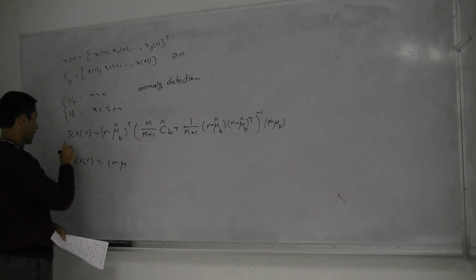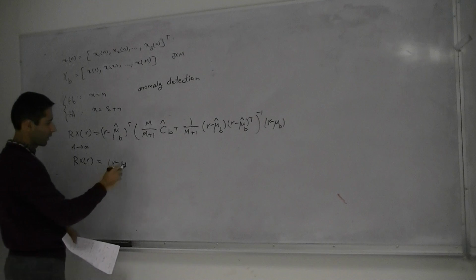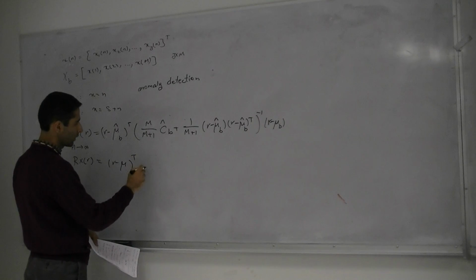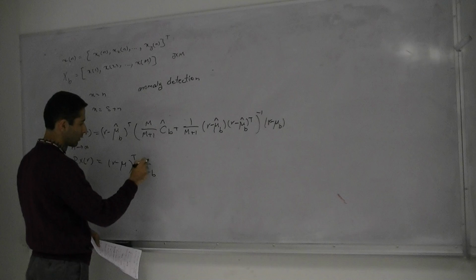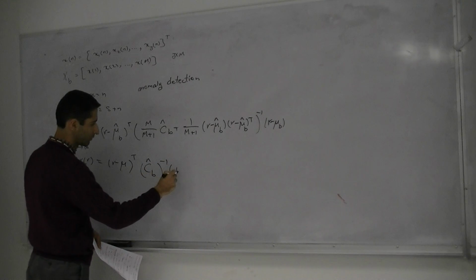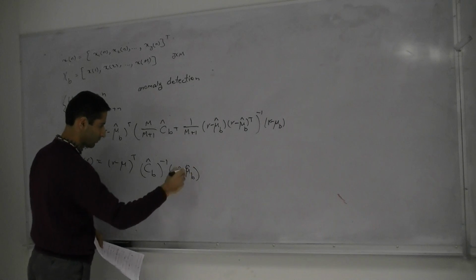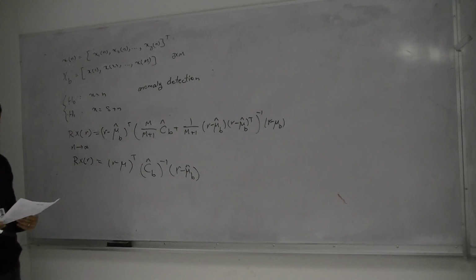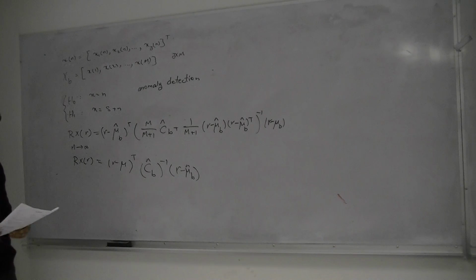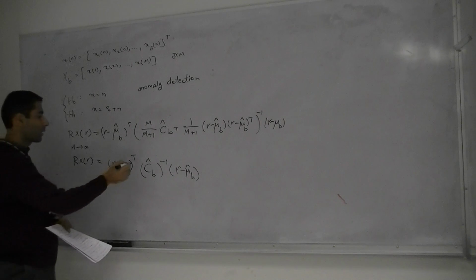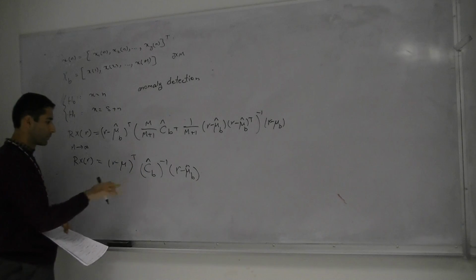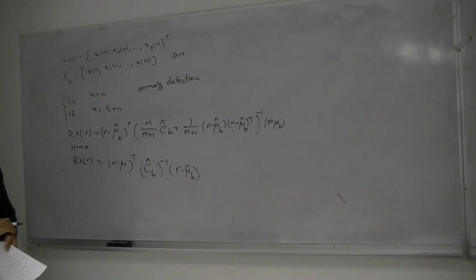If we have enough data, going to infinity, we can rewrite it. In this equation, it's more common and it was used in the papers and different applications for anomaly detection.